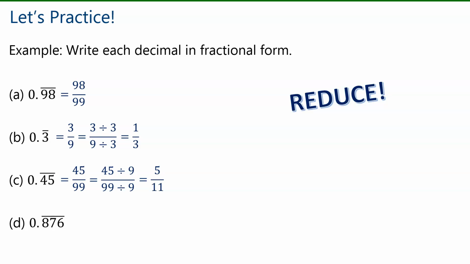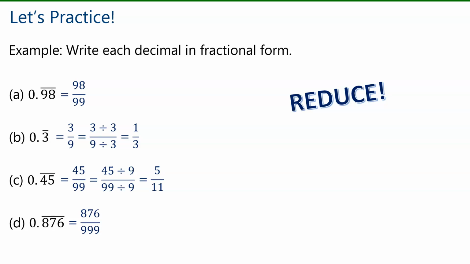Now for the last one, since there are 3 digits repeating, we can write that over 999. Now in terms of reducing, I'm not going to divide by 2 because the bottom number is odd, but what about 3? As a reminder, the rule for 3 says that if we add up the digits and it's divisible by 3, then we can divide by 3.